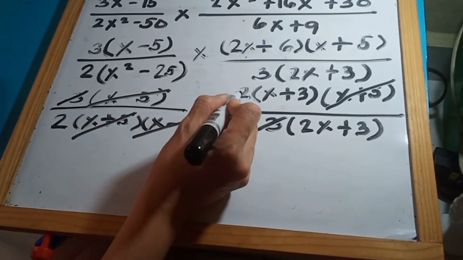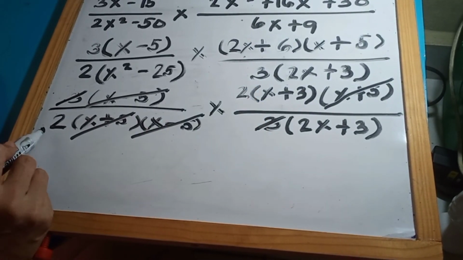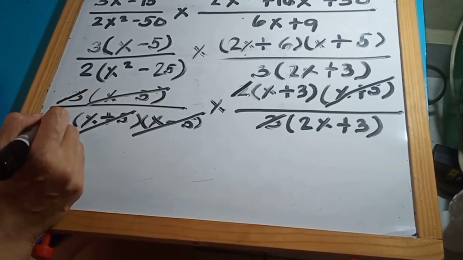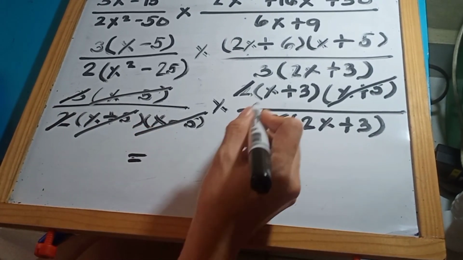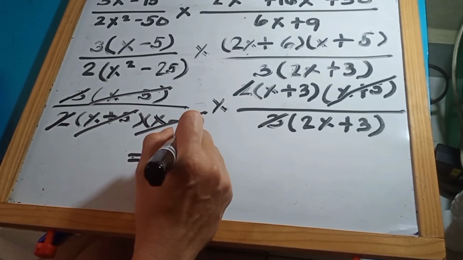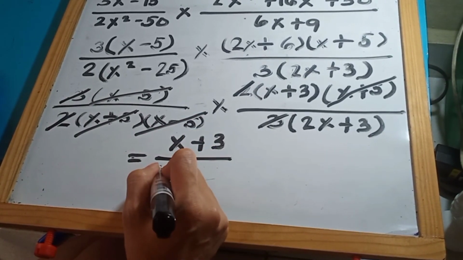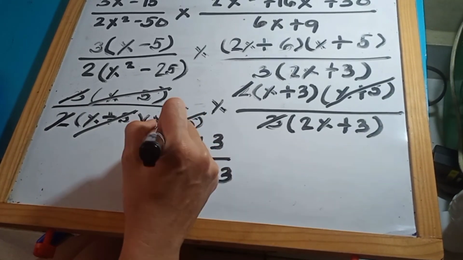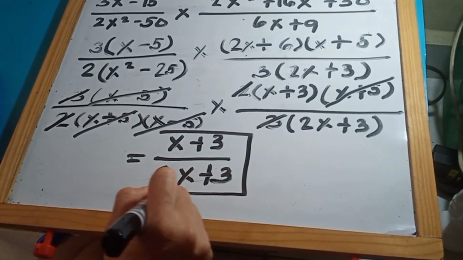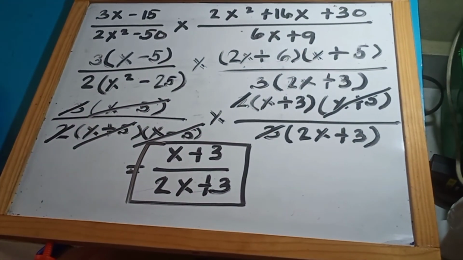May 2 dito sa taas sa numerator at may 2 dito sa denominator. So, cancel ulit. So, ano na lang ang natira? Ang natira na lang is si x plus 3 over 2x plus 3. So, this is now our final answer.